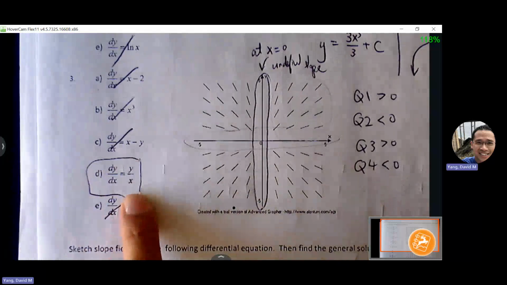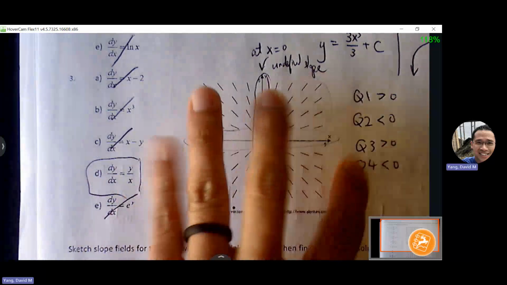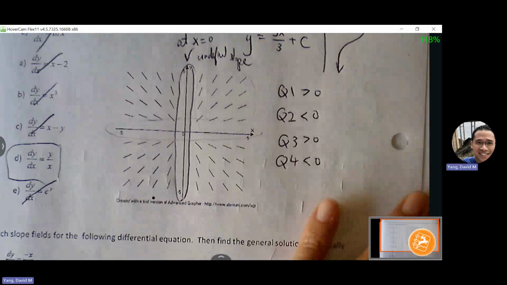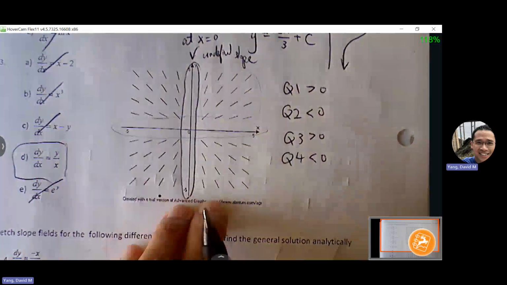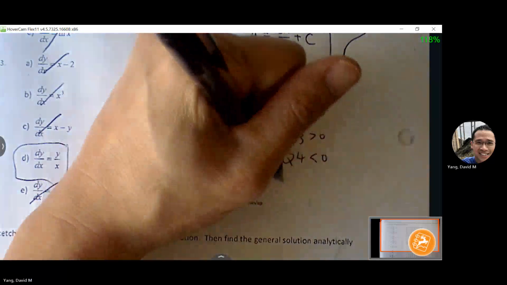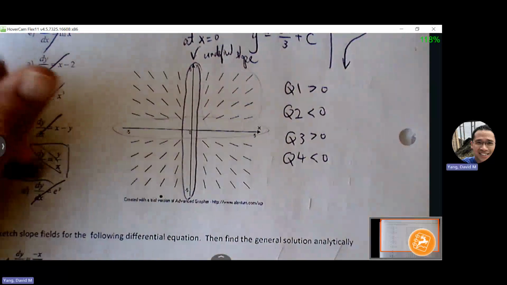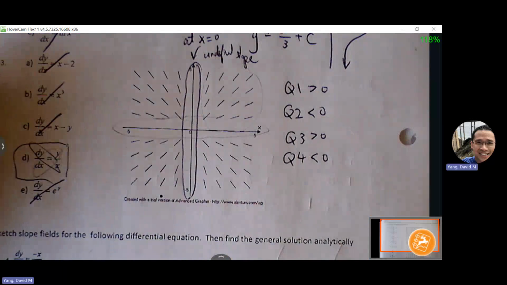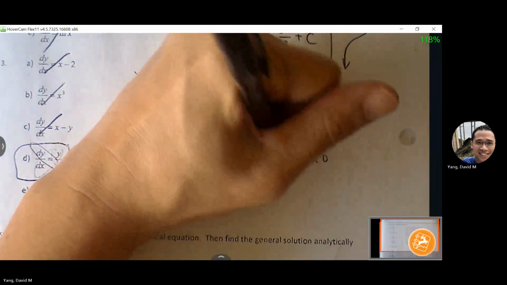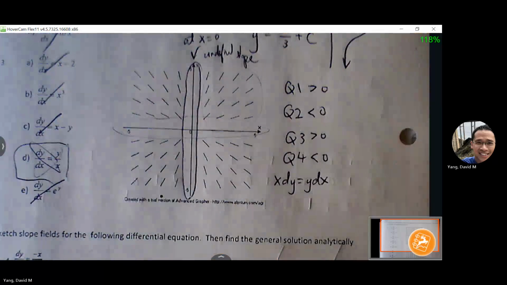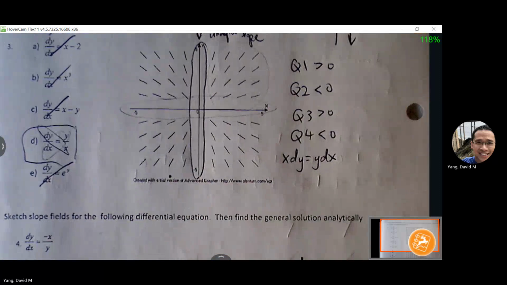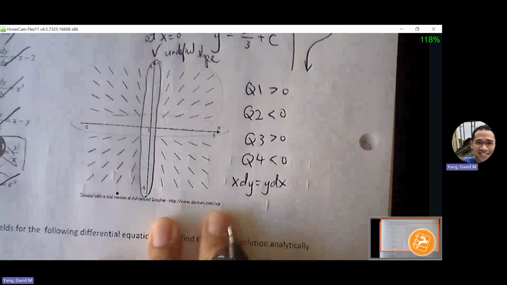Now, let's solve this differential equation so I can give you a different look at how we can match the general equation with the shape of this graph. Cross multiply here. x dy equals y dx. I want to separate the variables.